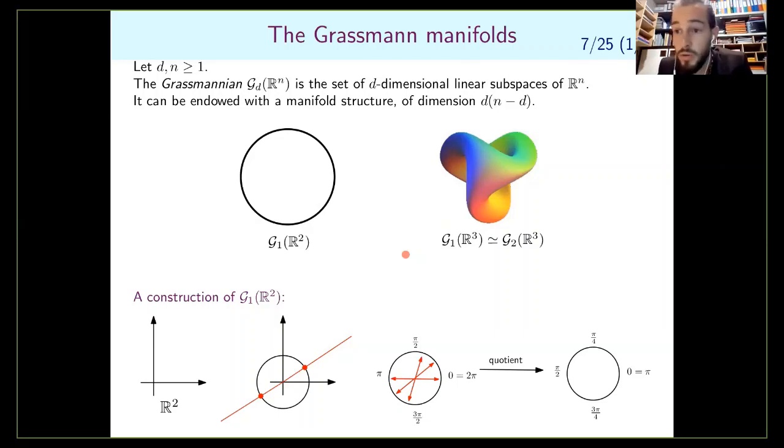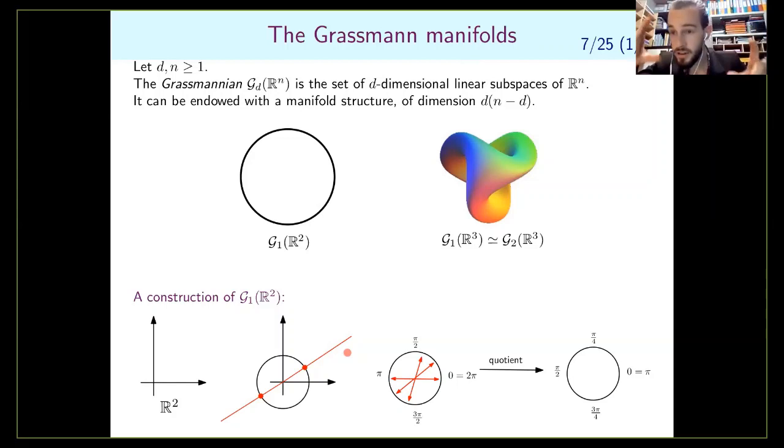So let me show you how you can build G1 of R2. You are in the plane, you have a line. Take the unit circle. This line intersects the circle in 2 points. So you can describe the Grassmannian G1 of R2 as the circle where you identify opposite antipodal points.